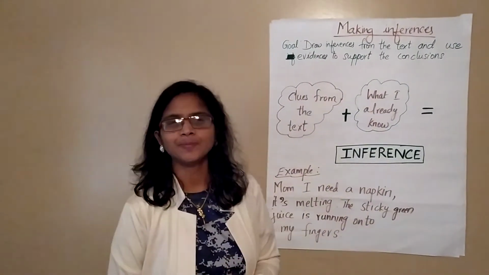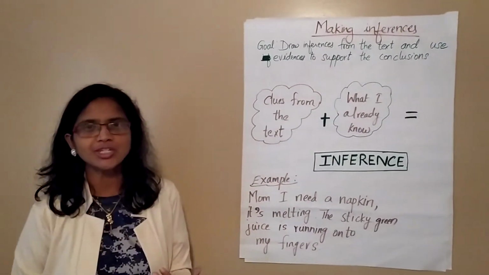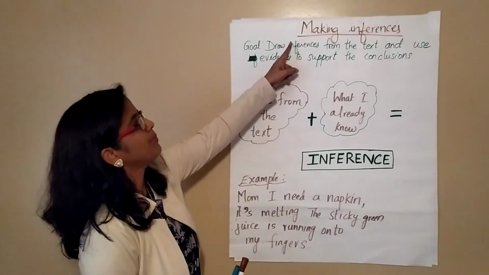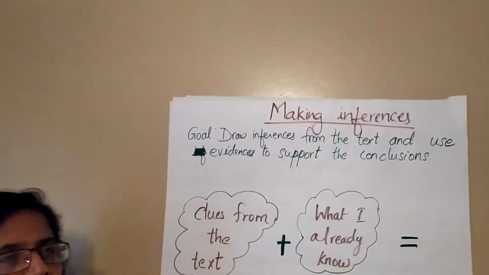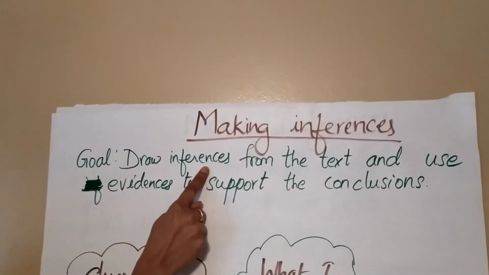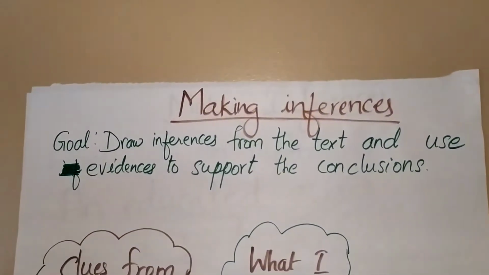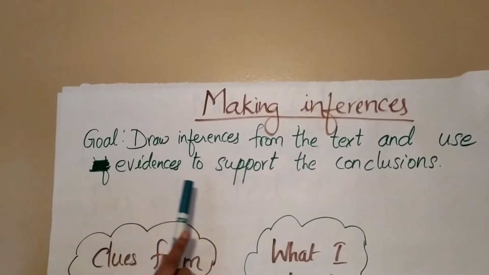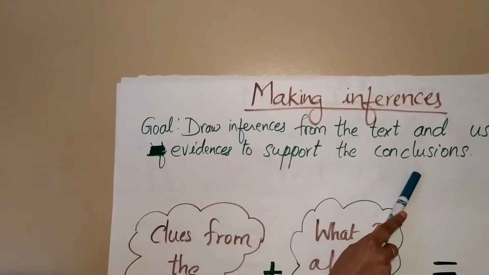So hi everyone. As I have mentioned, we are going to learn making inferences. Our goal today would be drawing inferences from the text and using evidence to support the conclusions.